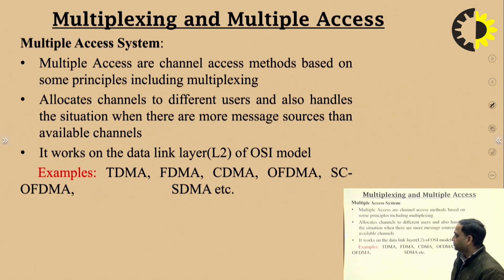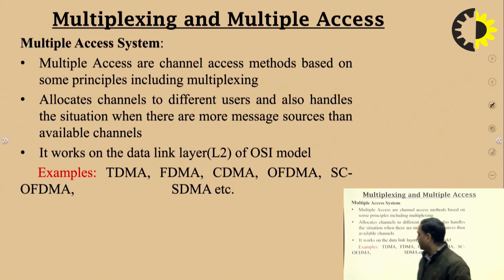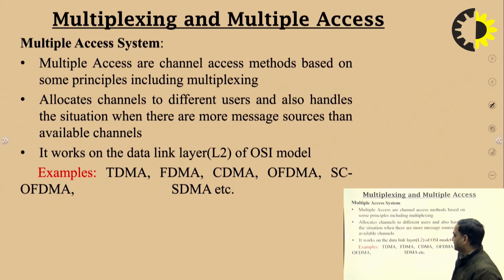Now when we talk about the multiple access system, this is a network level concept, in which the channel can be accessed by multiple users. This is defined for the multiple access techniques.